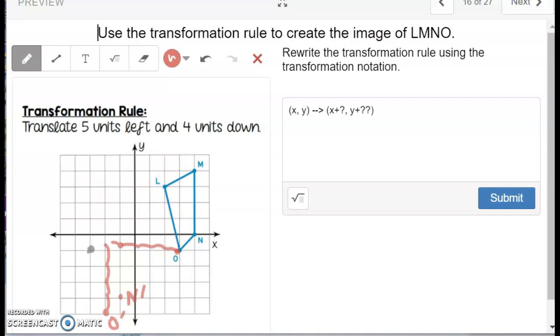And this is my L prime, the new L. And the M is from L, 2 to the right and 1 up. So M prime is going to be right here. Now that I have all the vertices, I can join them by using the line tool.